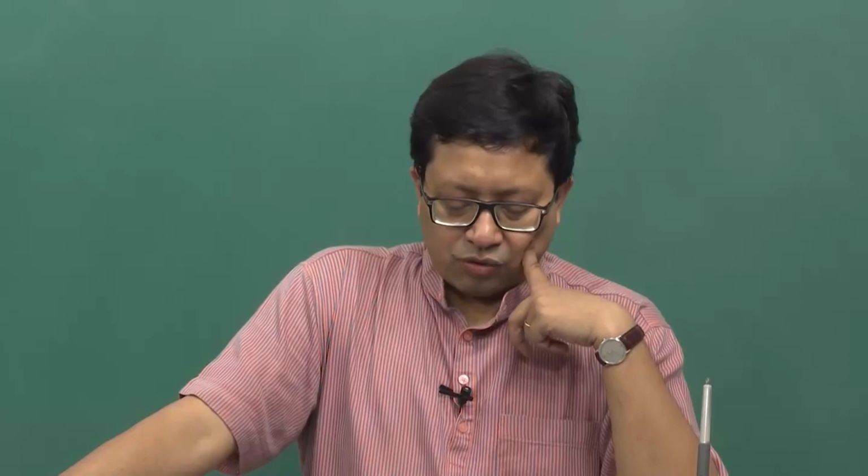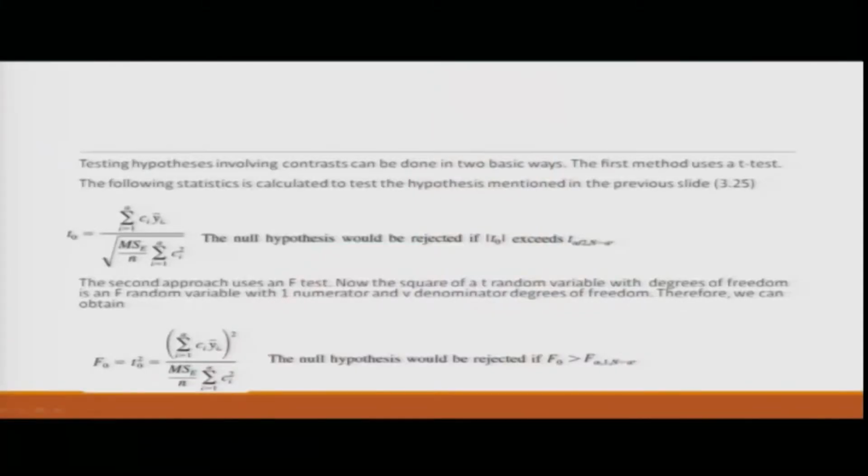The second approach is basically the F test. The square of a t random variable with v degrees of freedom gives an F random variable with one numerator and v denominator degrees of freedom. If you remember, the chi-square, the t distribution and the F distribution were mentioned in one of those first lectures.